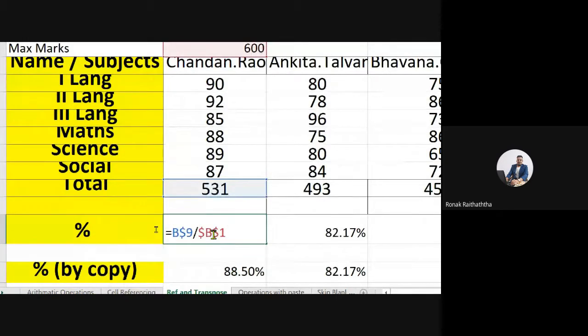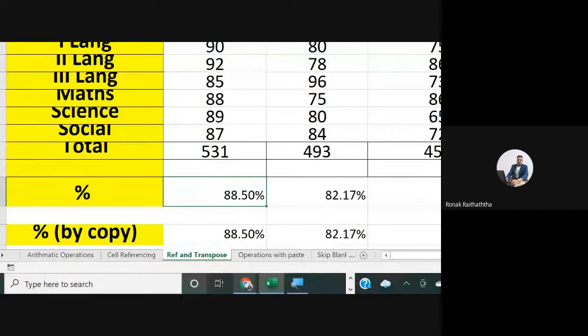Even the B numbers column is locked and A1 numbers row is locked. But here I had locked only 9 numbers row, not B numbers column. So B will become C, C and D and all.